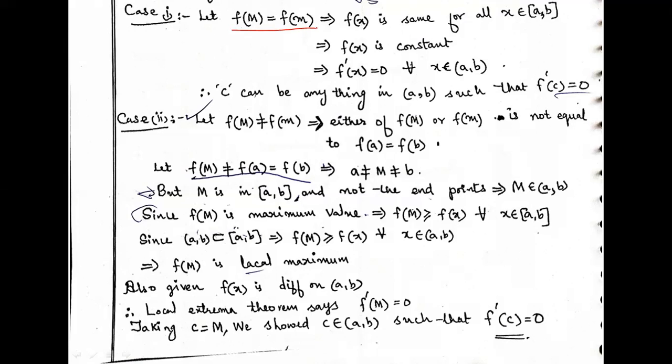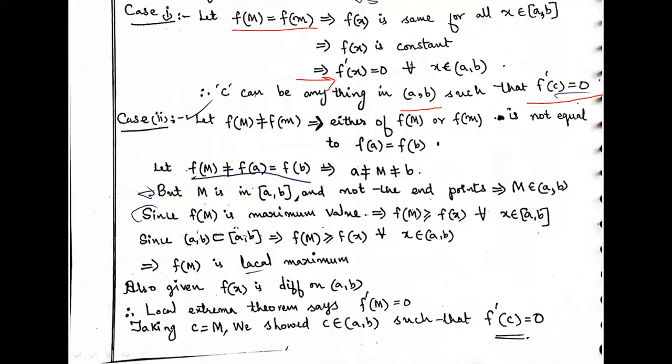Therefore x belongs to the open interval (a, b), so c can be anything in (a, b) such that f dash of c is equal to 0. This was case 1.